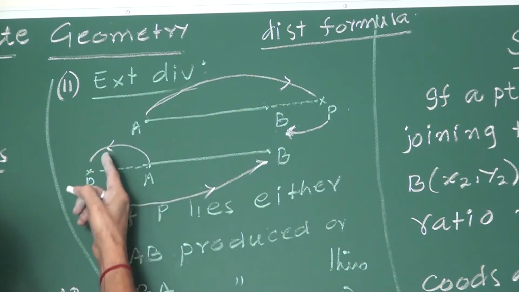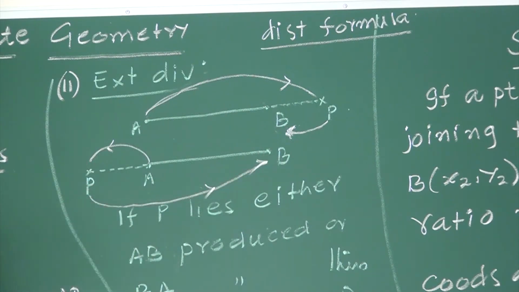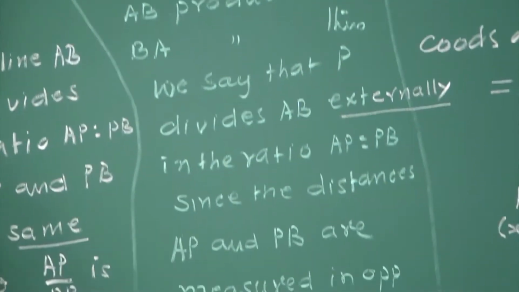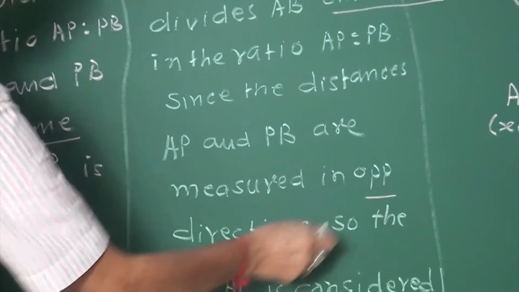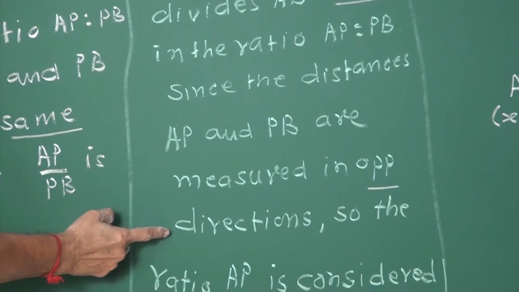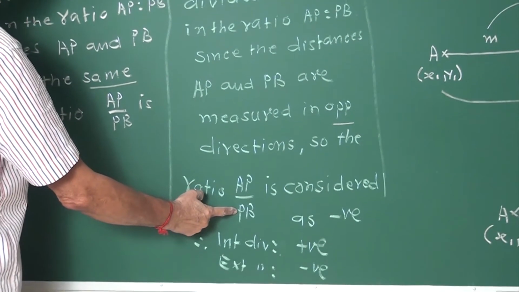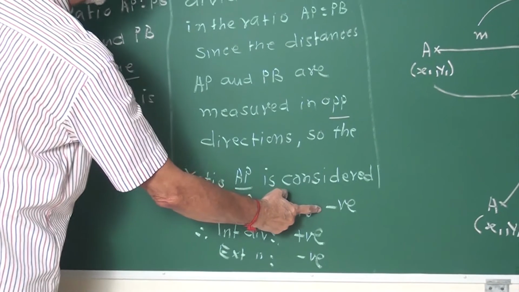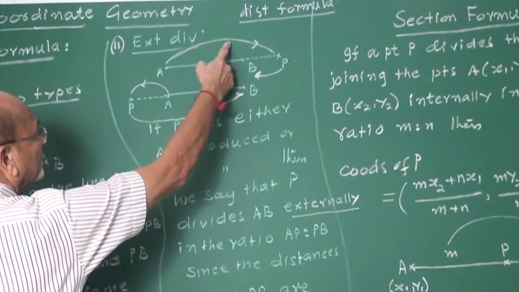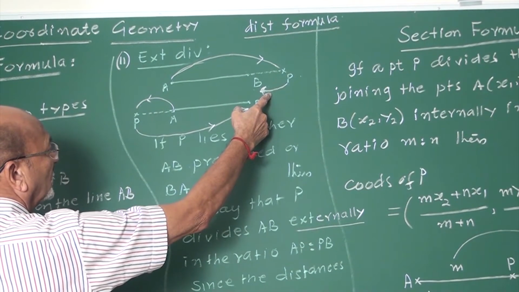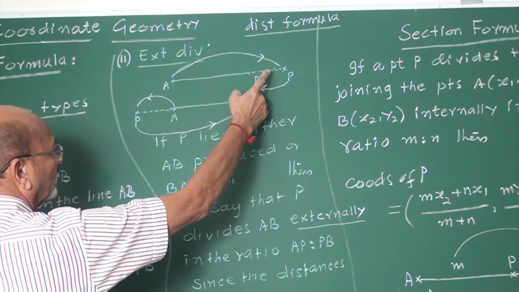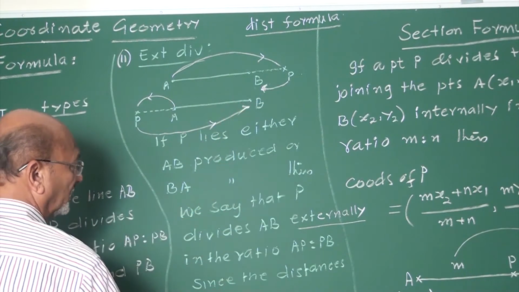In this case, since the distances AP and PB are measured in opposite directions, the ratio AP upon PB is considered negative. Why? If you take this as positive, automatically the opposite direction must be negative, and positive upon negative is negative.